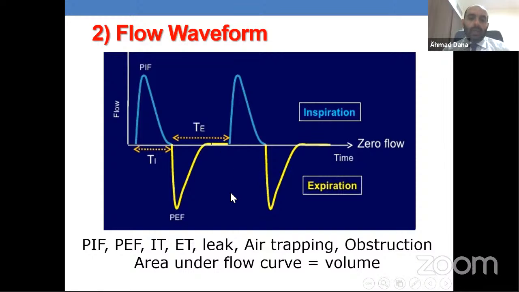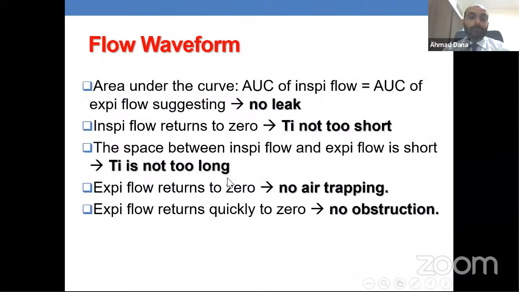This graph will help if there is a leak, if there is air trapping, if there is an increase in the resistance or there is an obstruction. This graph will help you in that. We'll come back to it. As we said, the area under the curve in the flow waveform equals the volume.